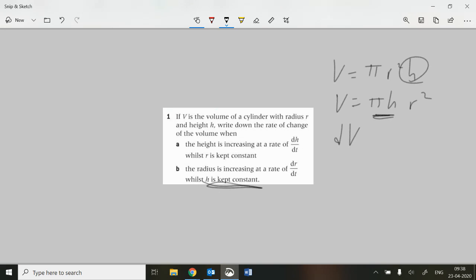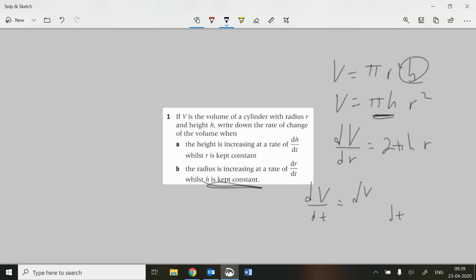So now we can do dV/dr, and so that's going to be 2 times by the constant r. So that's just like saying r squared becomes 2r in differentiation. I've just split the 2 and the r up, so I've put the variable at the end, which would be normal.